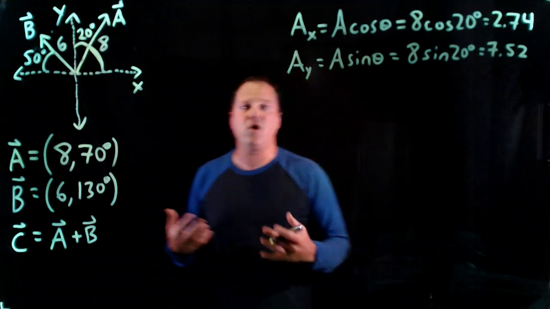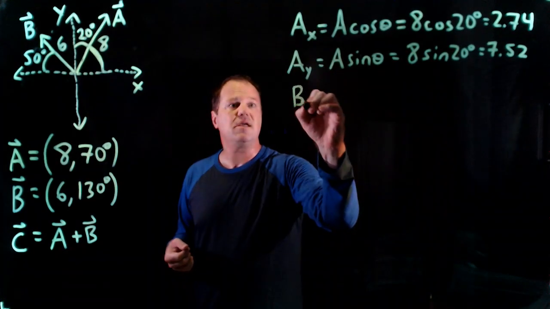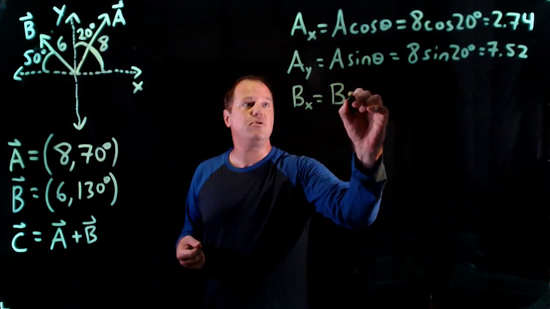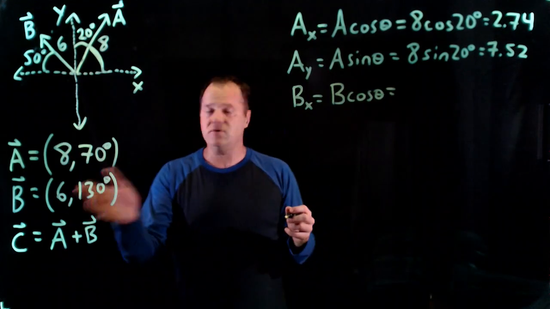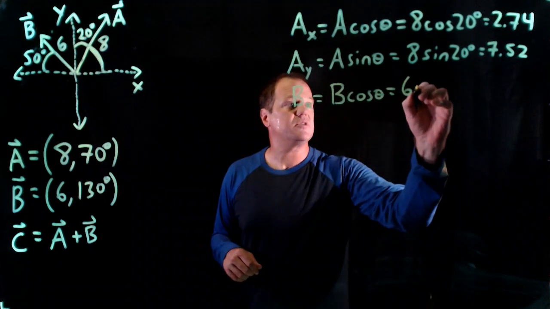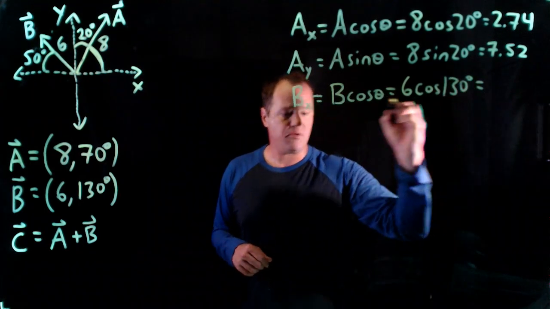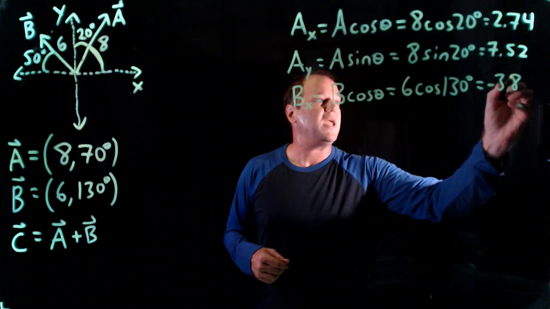Then I can follow the same procedure for vector B. Its x component will be its magnitude times cosine of its angle. So 6 times cosine of 130. I throw that into my calculator and it tells me that it's minus 3.86.